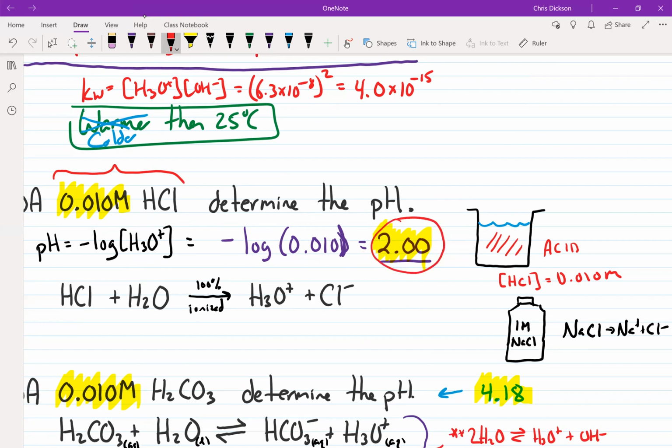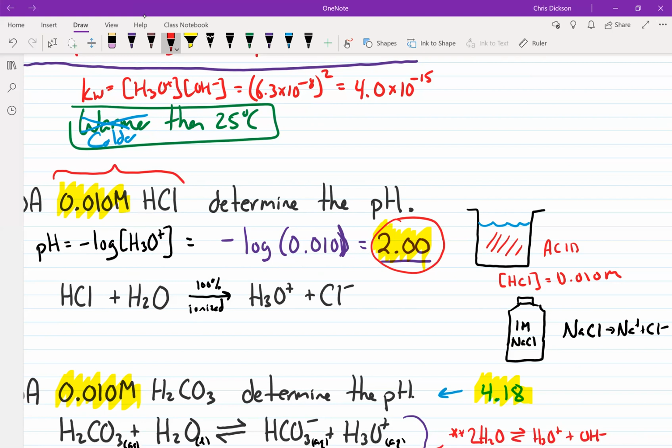And I made a point of stressing that technically there is no HCl in that container. It's completely ionized into hydrogen ions or hydronium and chloride, and all the acid has been ionized. But technically the bottle, if you were picking up a bottle in a lab, would have read 0.010 molar. And that would be assumed to be how many moles of HCl you had per liter. And then it ionizes, of course, after that.